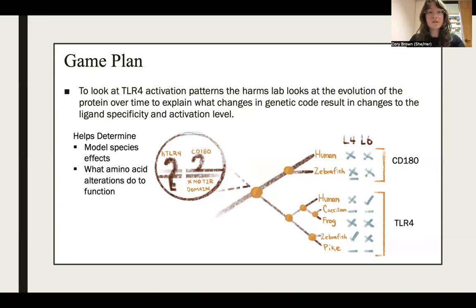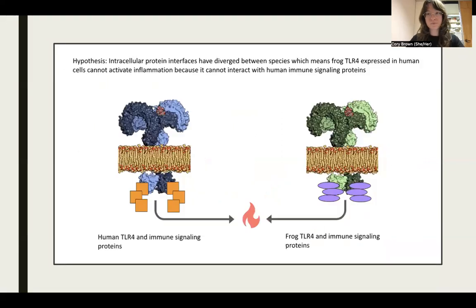To observe these distant species' TLR4 activities, we developed a method that allows the outer portion, the exodomain, of a protein to bind to its specific ligand, yet have an inner portion, an endodomain, that allows for interactions with human proteins that bridge a connection between the TLR4 and NF-kappa B pathway.